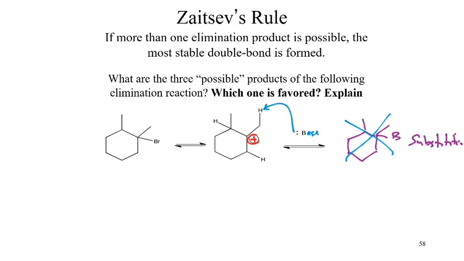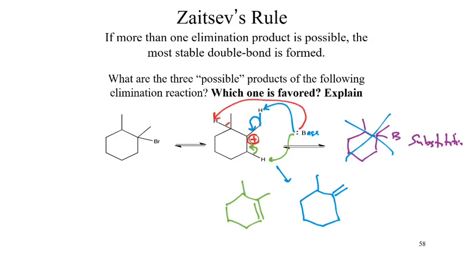When we remove a hydrogen, the electrons holding that hydrogen on will now need to go into a bond, and the result we would get in that case would look something like that. I could have also had the base remove this hydrogen, and we would get what I'm going to call the green product. And we could have also had our base remove this hydrogen.